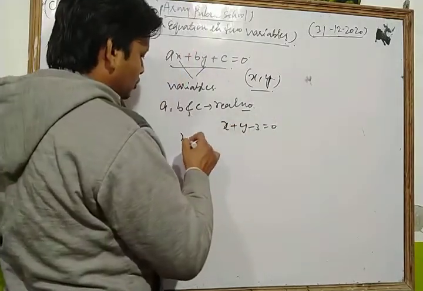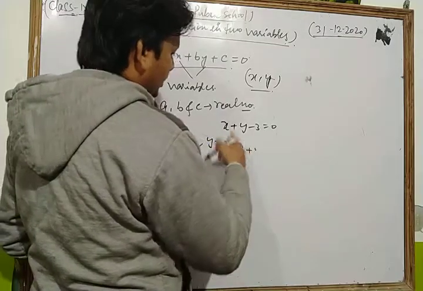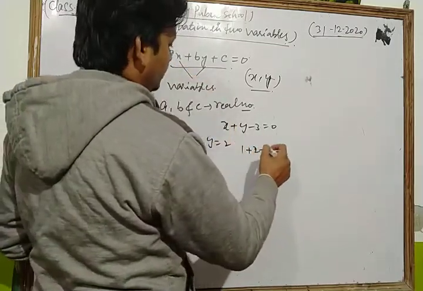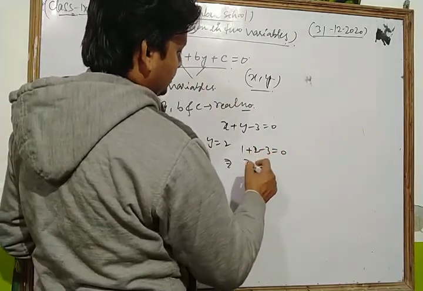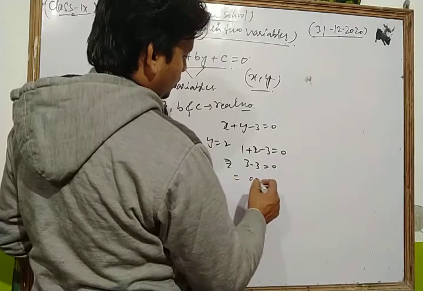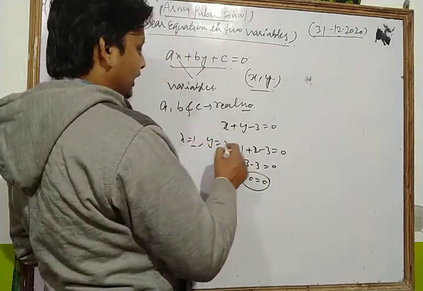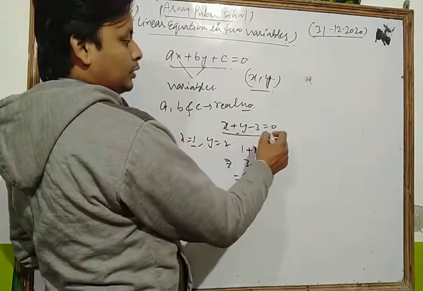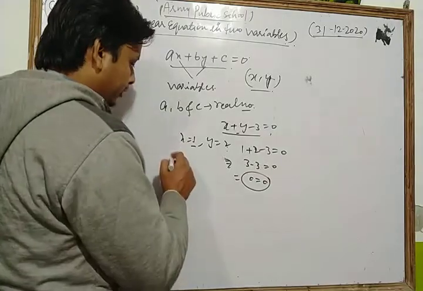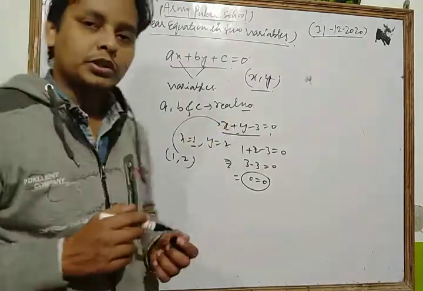If we put x is equal to 1 and y is equal to 2, then we get 1 plus 2 minus 3, that is 3 minus 3 is equal to 0, so 0 is equal to 0. This means the pair of values 1 and 2 satisfies the given equation, so 1 and 2 is the solution of the given linear equation.